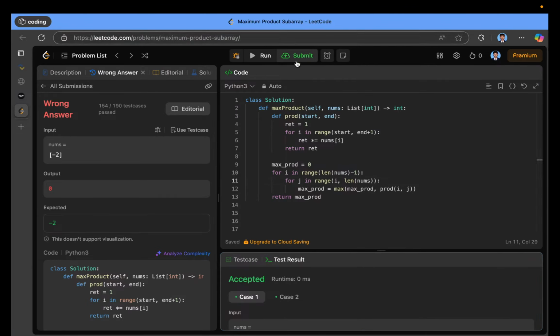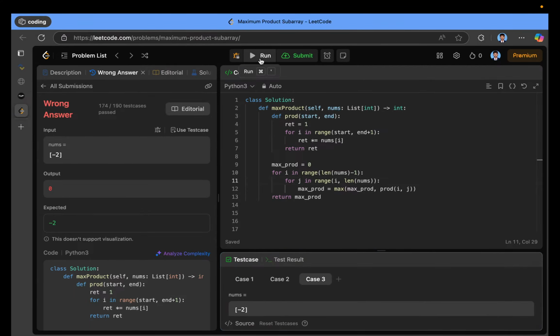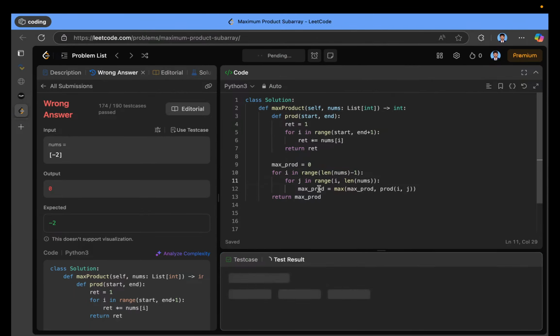Okay, I didn't add that test case. That's why.